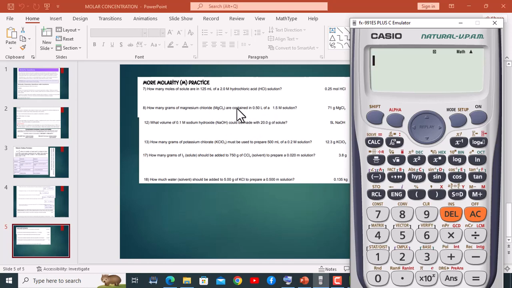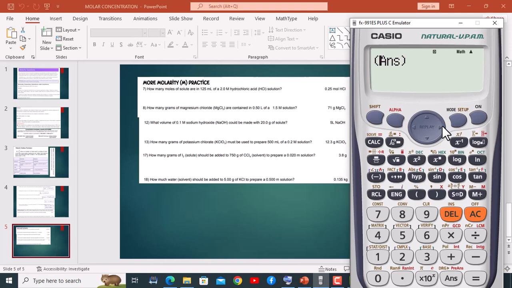So we are given this in terms of liters. So I'm going to say 0.50, and I'm just going to multiply that by 1.5. And that is going to give me 3/4, which is 0.75. So I'm going to insert this answer inside of the brackets.